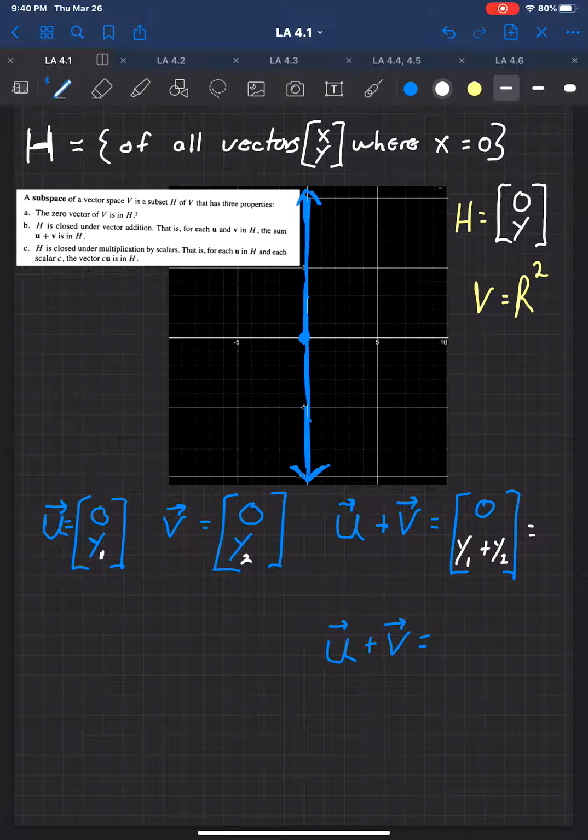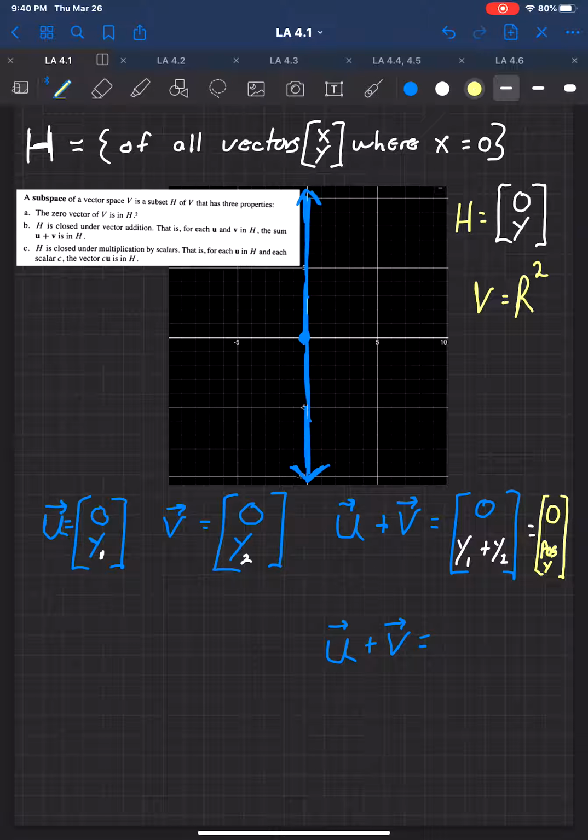The way that you normally would do this is, let me give you the intuitive way of thinking about it, and then let me come back and show you a more formal way. Intuitively, if you have a positive y number plus another positive y number, you still have a positive y value. So u plus v, if you pick two positive y values, would have the 0 for x and some positive y value for y.